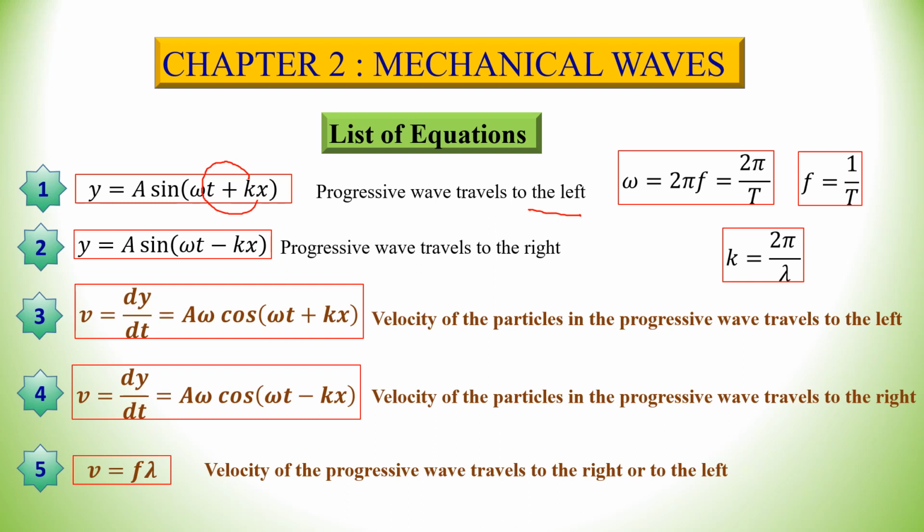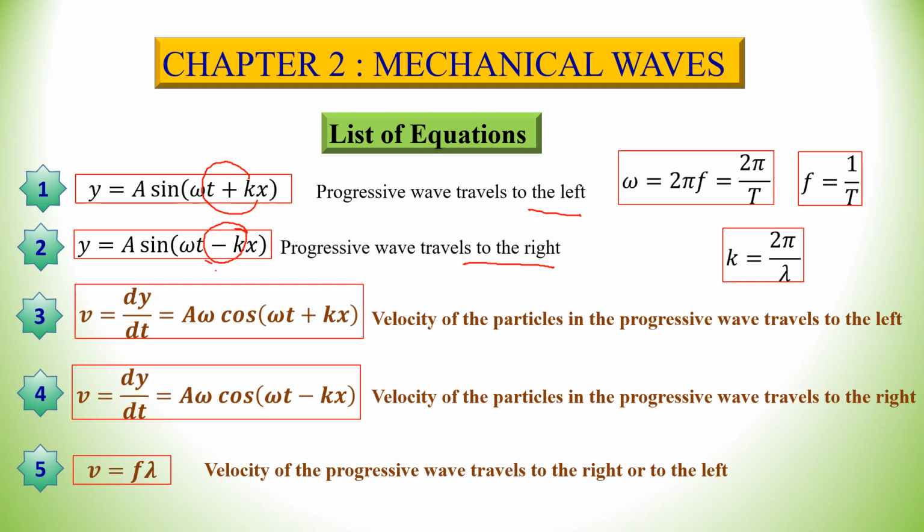Point number 2, y equals to a sine omega t minus kx. If the progressive wave travel to the right, so we use minus kx.